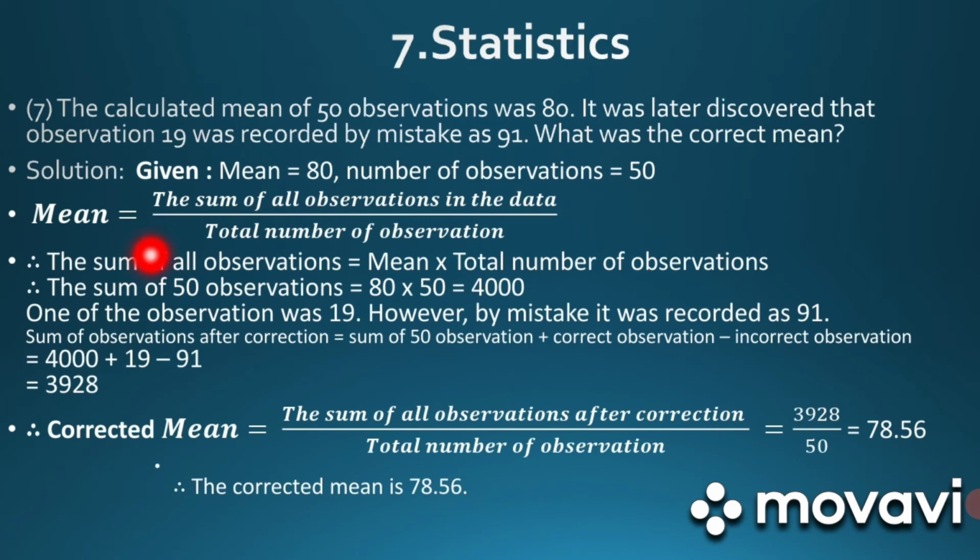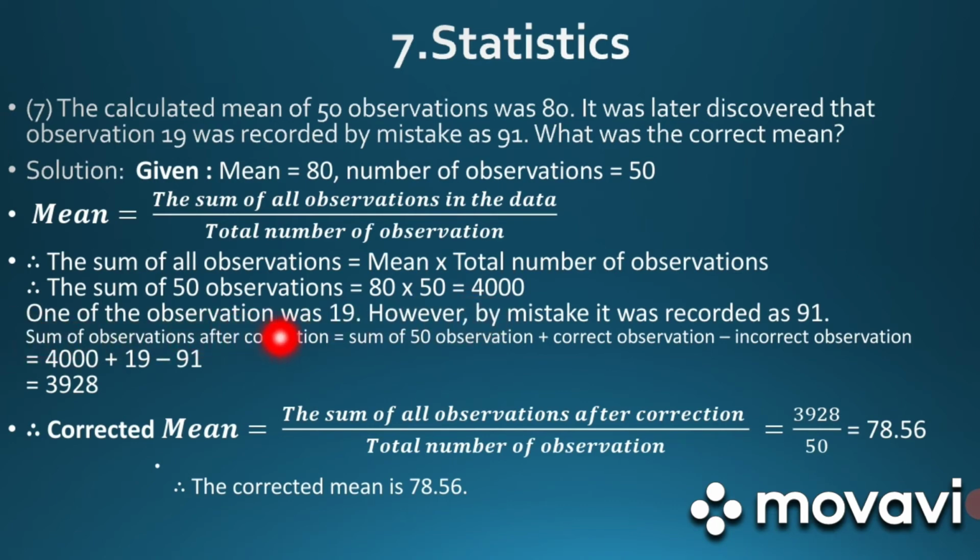Therefore, mean is equal to the sum of all observations in the data divided by the total number of observations. We have to find the sum of all observations in the given data. Therefore, the sum of all the observations is equal to the mean into total number of observations. Therefore, the sum of 50 observations is equal to 80 into 50, which is equal to 4000.